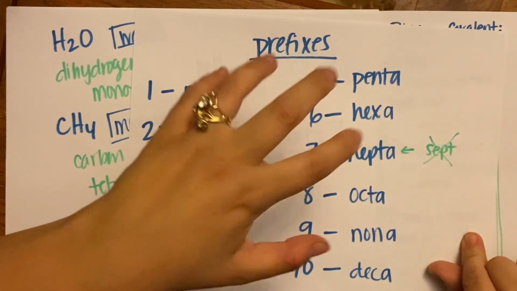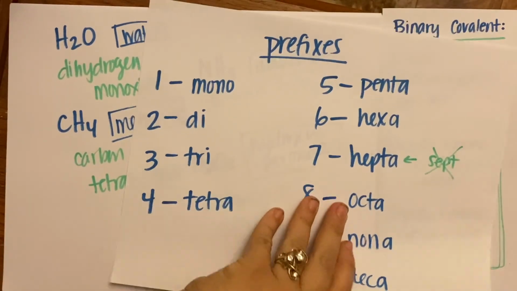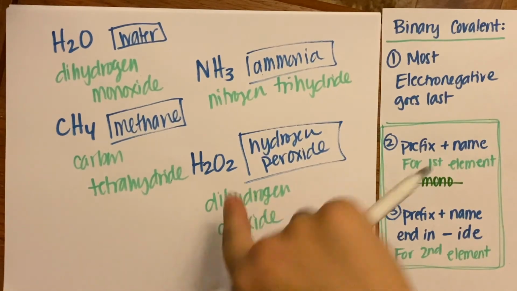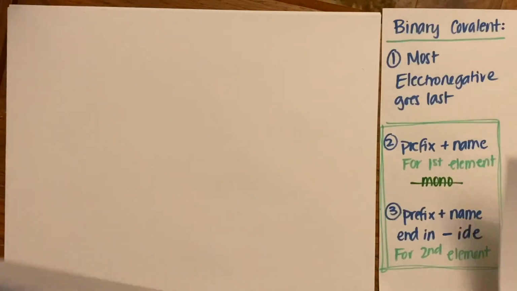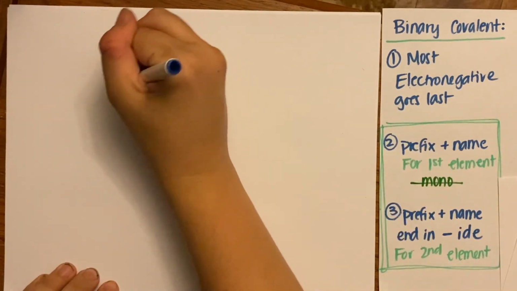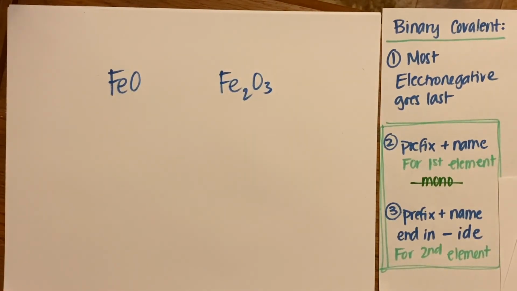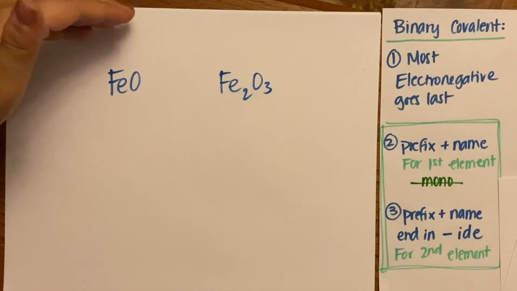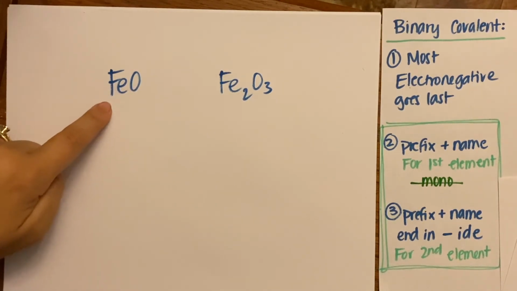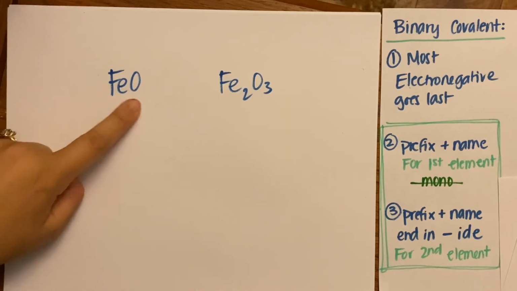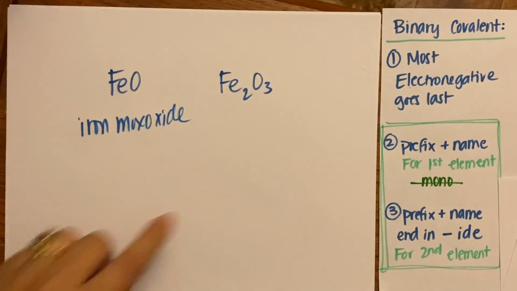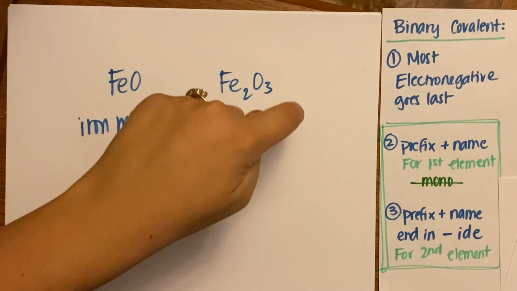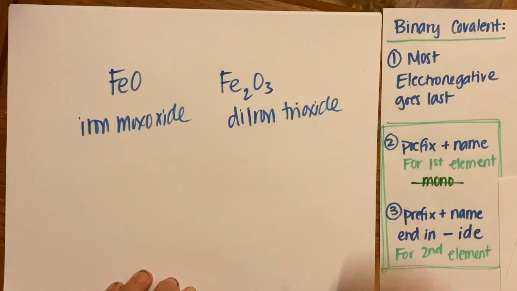Because once you learn prefixes, here's what ends up happening, okay? You've gone through and done a bunch of prefix questions with covalent stuff, and then you get this, okay? So after you've done your covalent naming, then you come across this and you're like, oh, this is going to be iron monoxide. And this will be diiron trioxide.